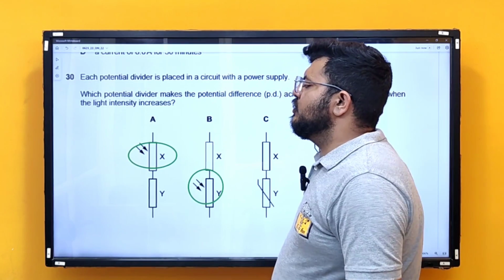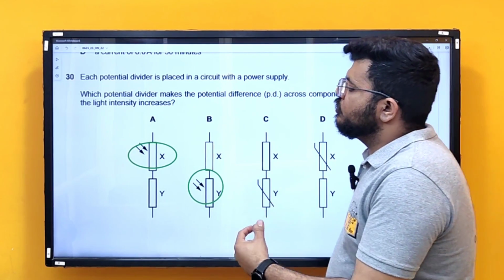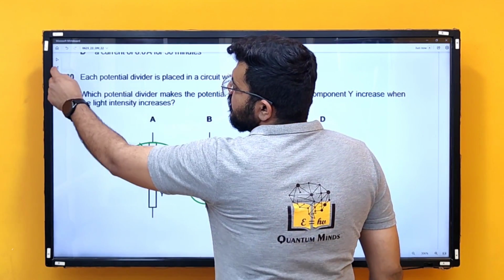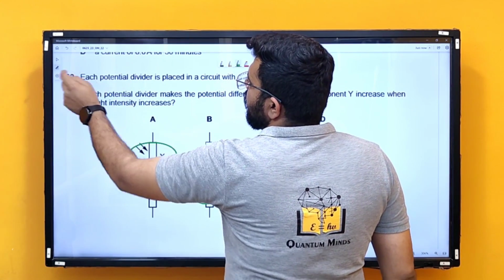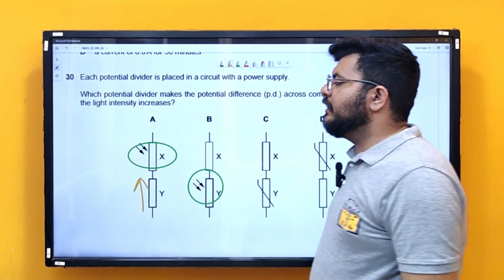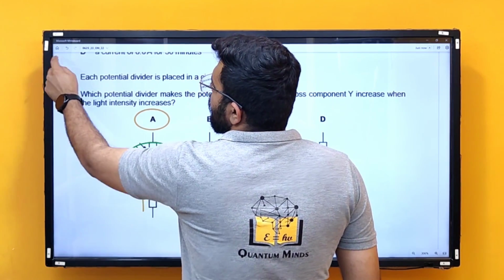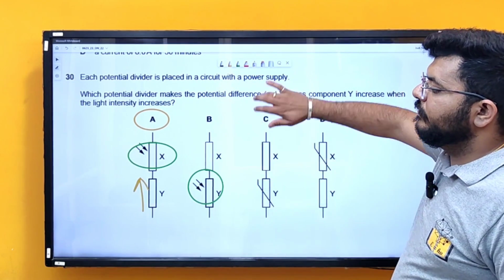If resistance decreases, the voltage drop across this component decreases, and therefore the voltage drop across the other component must increase, and therefore option A, right? The voltage drop across Y will increase if the light intensity increases, and therefore option A is your correct answer.